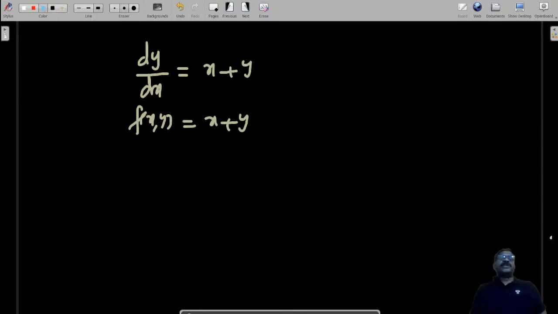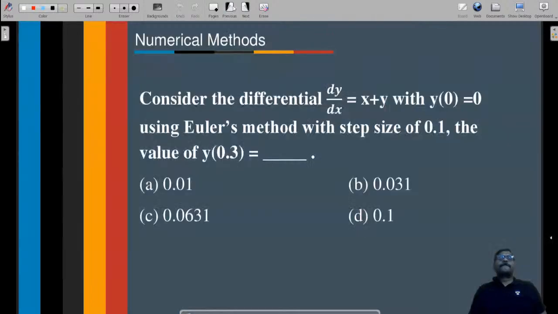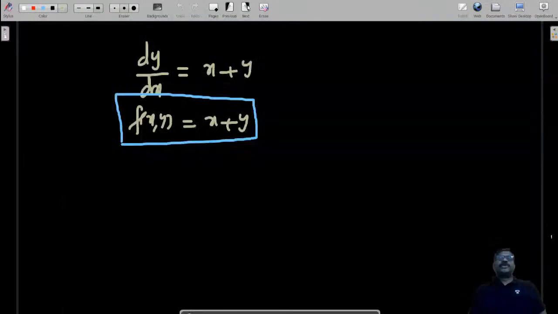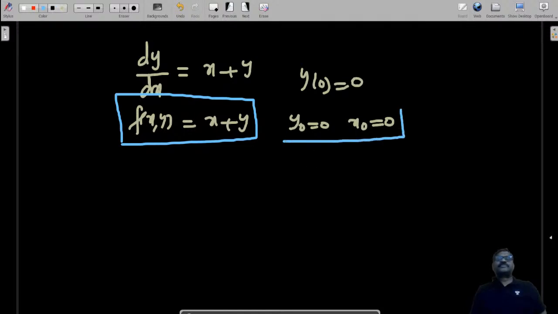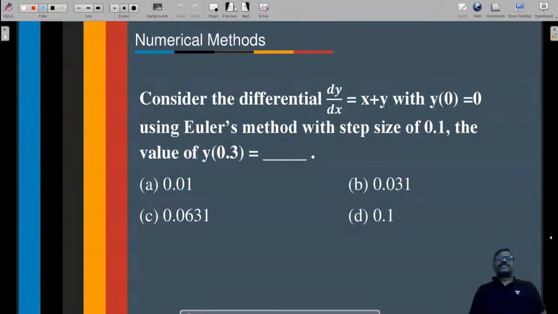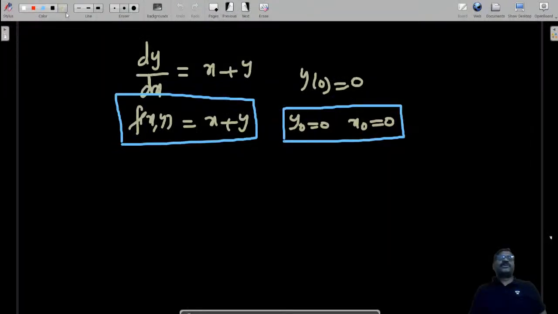Function of xy is x plus y. Y of 0 equal to 0, that is y naught is 0 when x naught is 0. Step size h is 0.1.